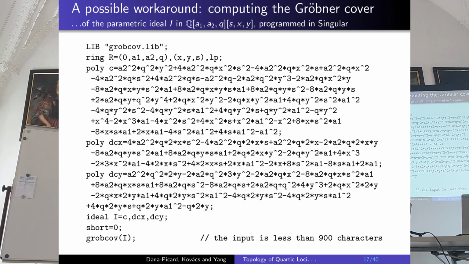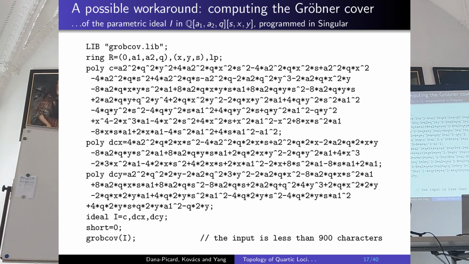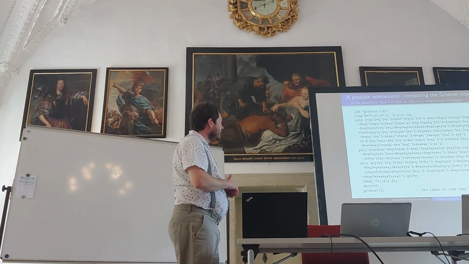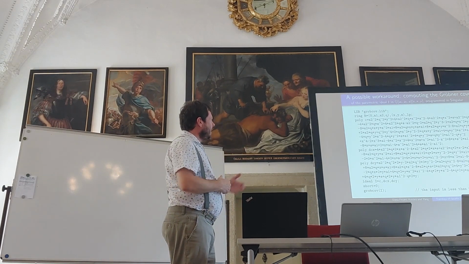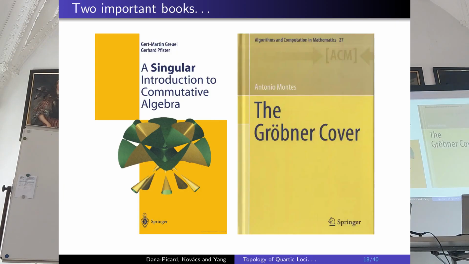Then we had a second idea, not the sub-resultant way, but another wonderful piece of software written by the Singular people from Germany, and another researcher, Antonio Montes from Barcelona. This is the so-called Gröbner cover system. I think many of you know this Singular program, also a free piece of software.